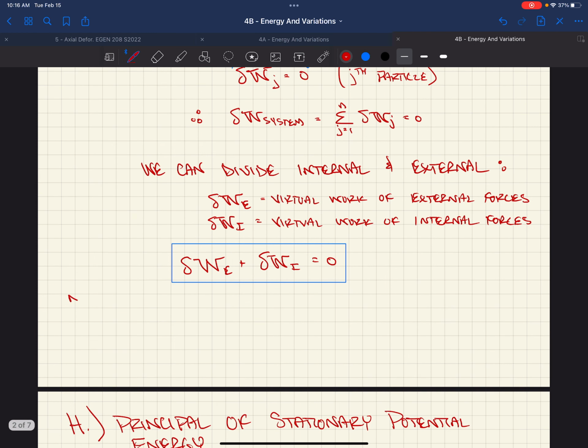And just to make a note regarding the assumptions we made, well, we made no assumptions here about the nature of the system. The principle of virtual work is valid for linear, nonlinear, elastic, plastic behavior.